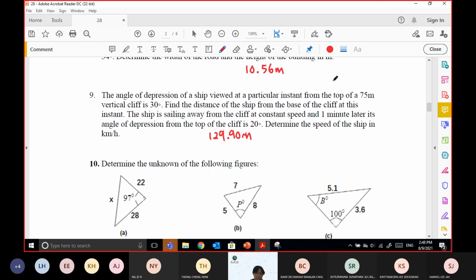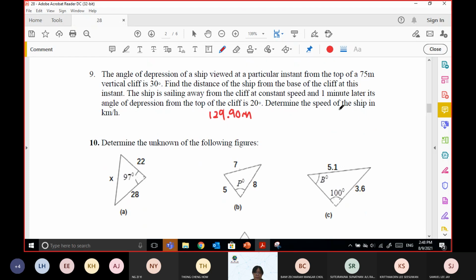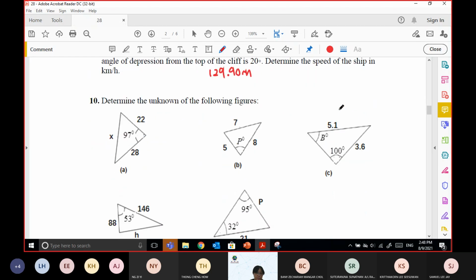Then number 10, we have 37.66. Unknown. Oh, this one you need to determine the unknown. So there's a lot of unknowns here, right? So that means the x is 37.66.